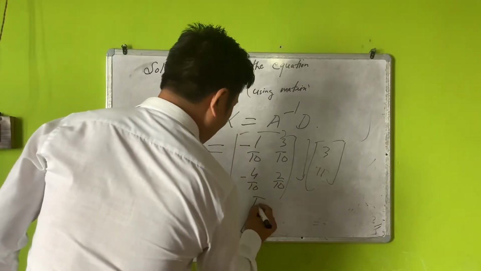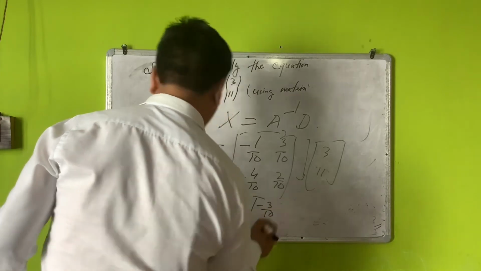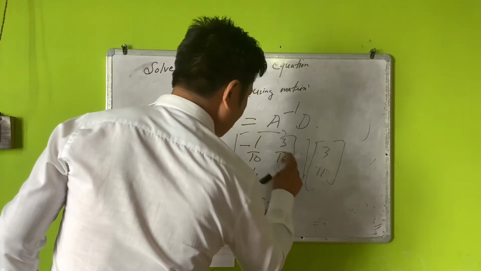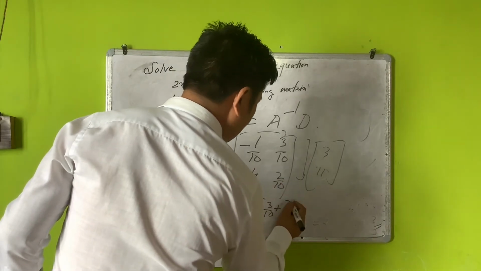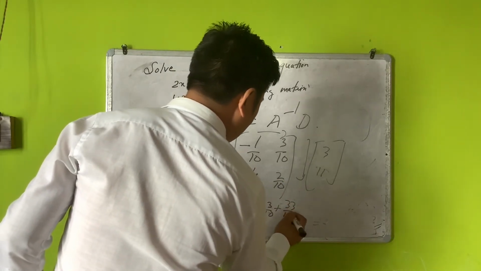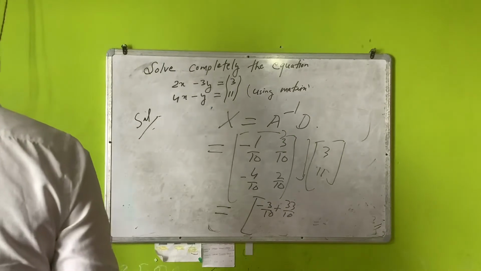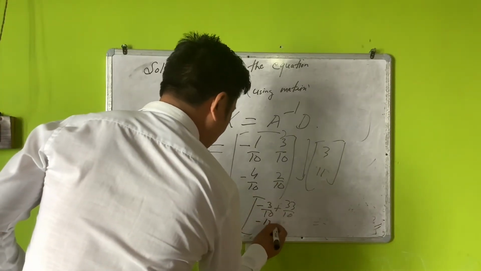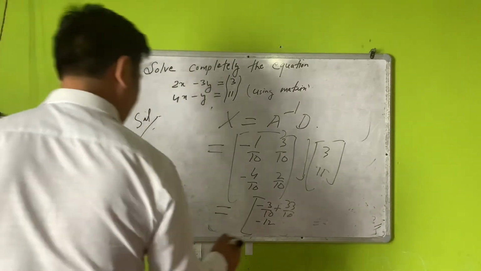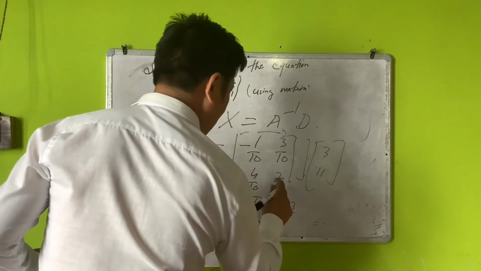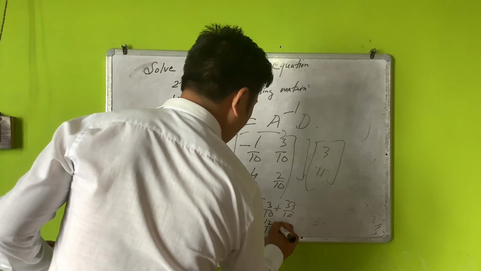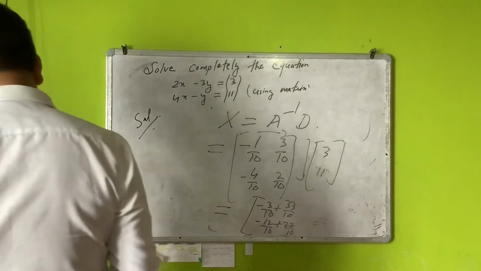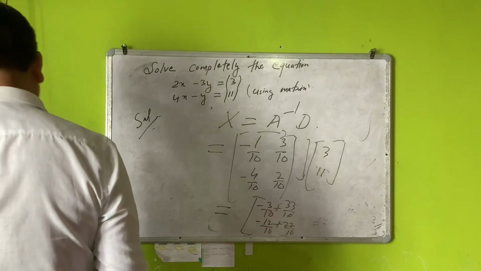So minus 3 by 10, plus this and this, 33 by 10, minus 12 by 10, then 22 plus 22 by 10, 22 by what? 10.